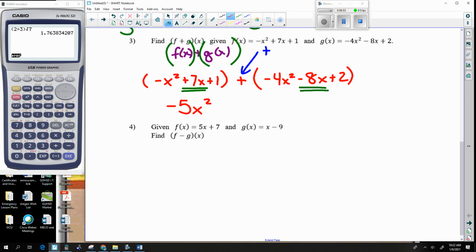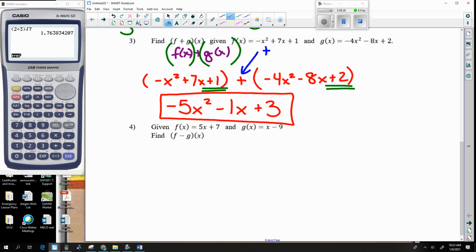So this would be positive 7 minus 8, so that's -1. You could just report that as a minus, but -1. Last thing is the normal number with the normal number. And so this is +1 plus 2, so that comes out to be a +3. And this is written in quote-unquote standard form.